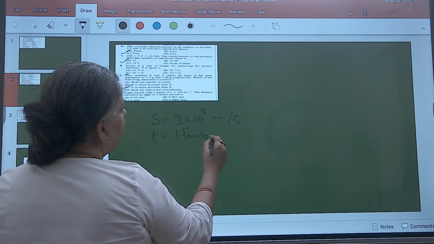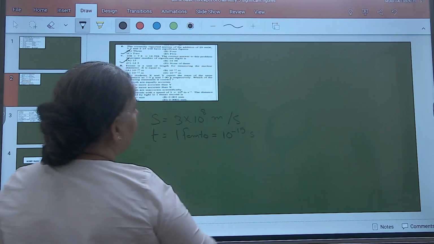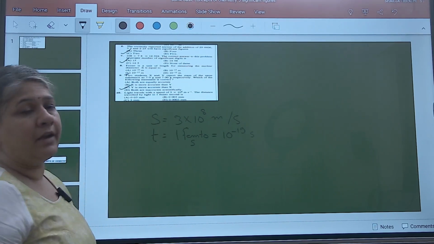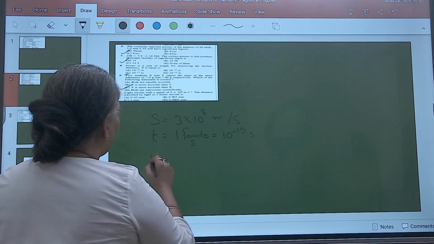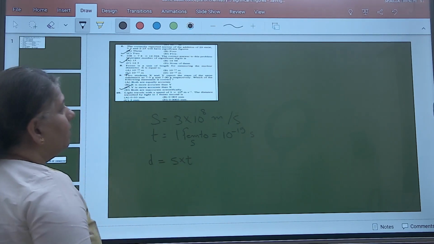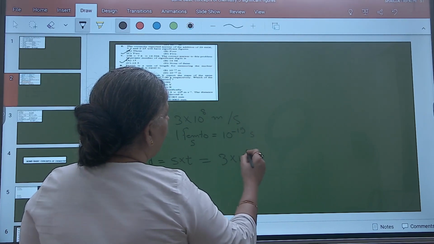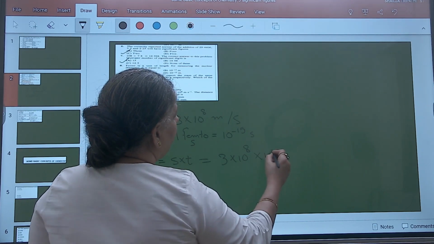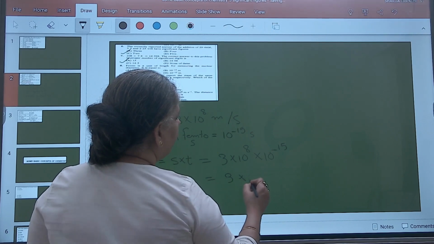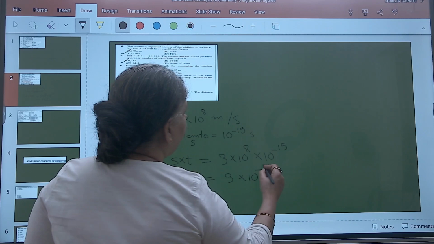And we know 1 femtosecond is equal to 10 raised to the power minus 15 seconds. So using the formula, distance is equal to speed into time, we'll find out the distance. So let's see what we get. 3 into 10 raised to the power 8 into 10 raised to the power minus 15. So here we get minus 7.